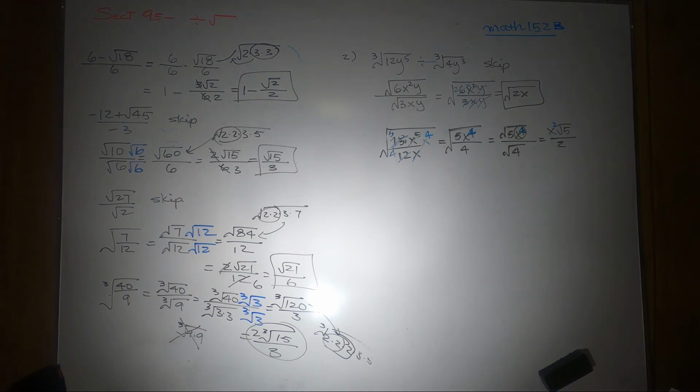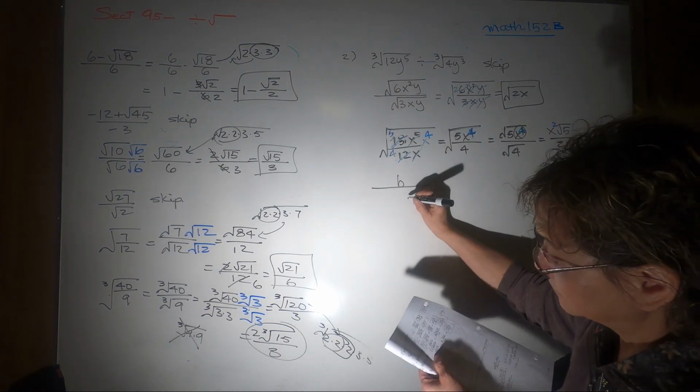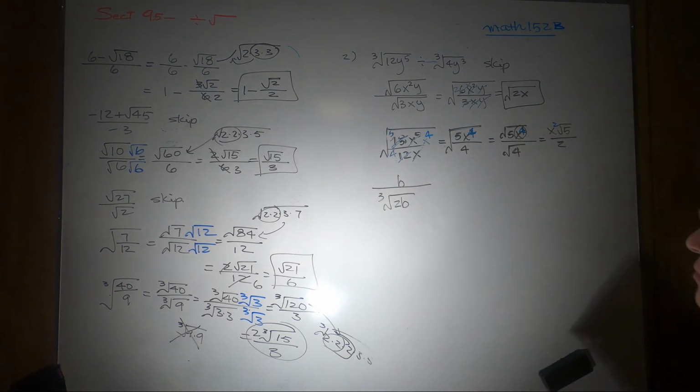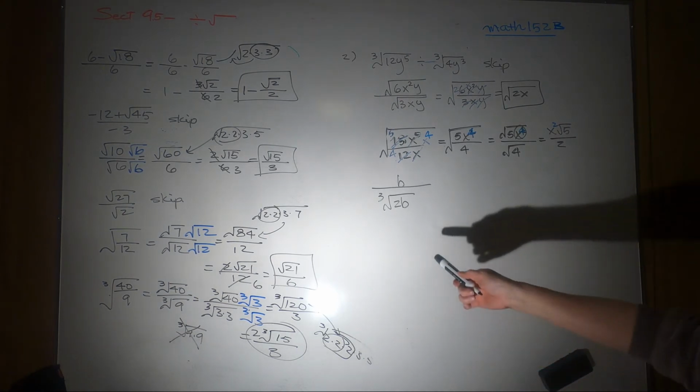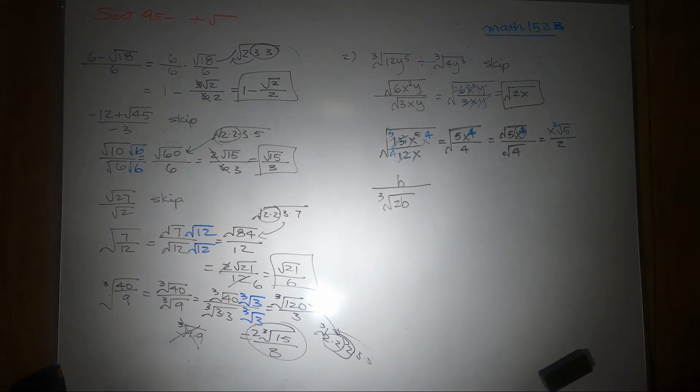So let's look at the next one. If you have b over cube root of 2b, right? So what do you think? How should you start? You have what? A radical in the denominator, which is undesirable.